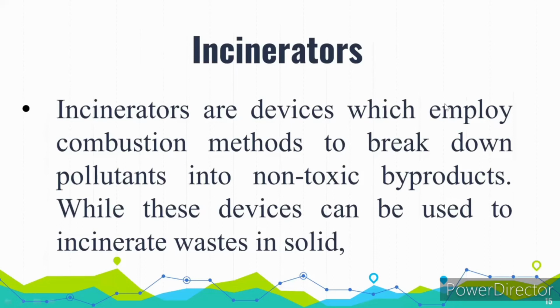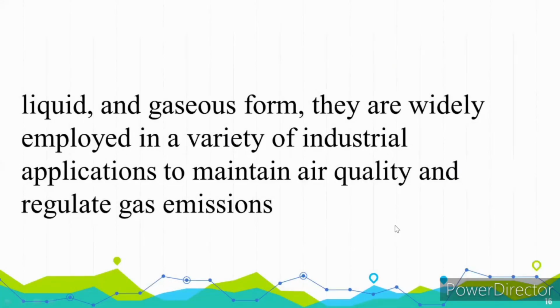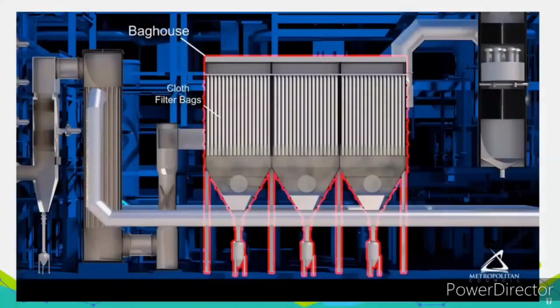Incinerators are devices which employ combustion methods to break down pollutants into non-toxic byproducts. While these devices can be used to incinerate wastes, solid, liquid, and gaseous form, they are widely employed in a variety of industrial applications to maintain air quality and regulate gas emissions. This is how it works.